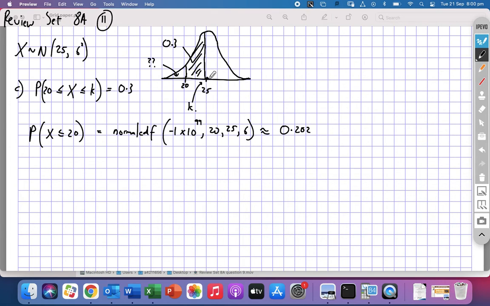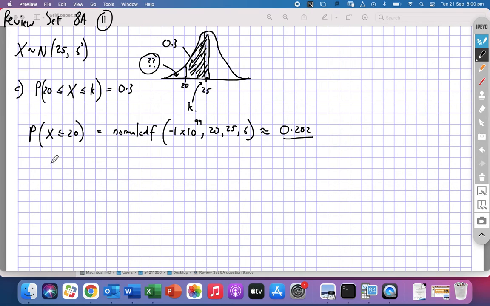Turns out k is actually just above the mean, because the mean's going to happen smack bang in the middle at 50%. I've just found out that this area here is 0.202 and we're just over 50%. Right?